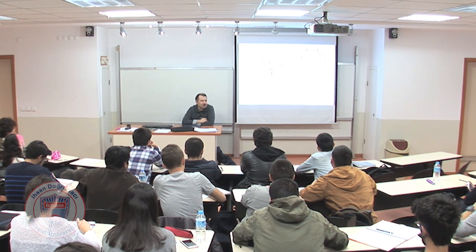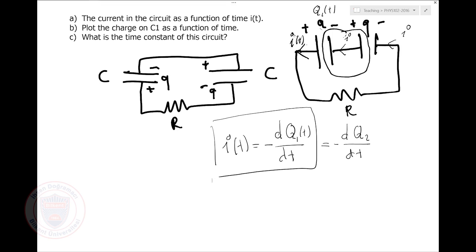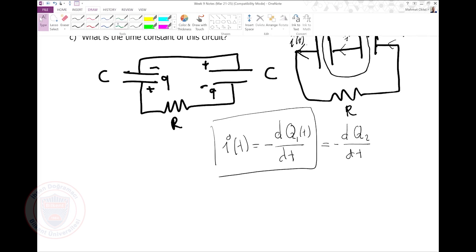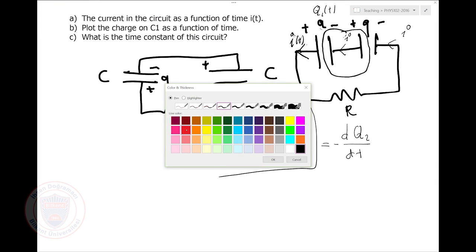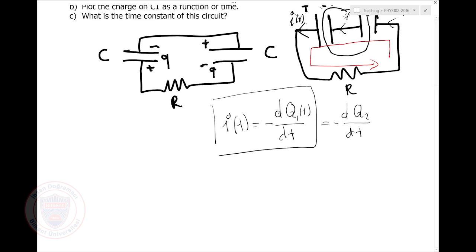I actually need to use Kirchhoff's voltage law for this circuit. What's Kirchhoff's voltage law? Let me get a different pen color. So I'll start from here and follow the circuit along this route.